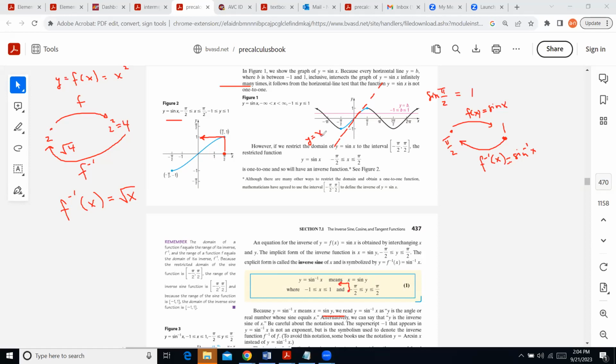So what it does is switch the x and y axes. But since x is always horizontal and y is always vertical, this reflection is going to look somehow like that. So the function is going to go along the y-axis rather than along the x-axis.